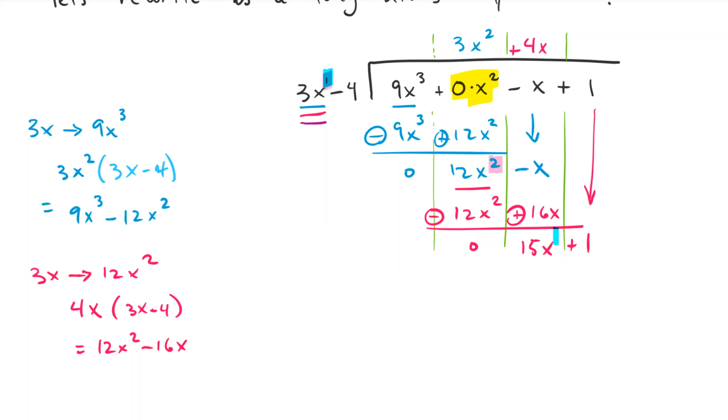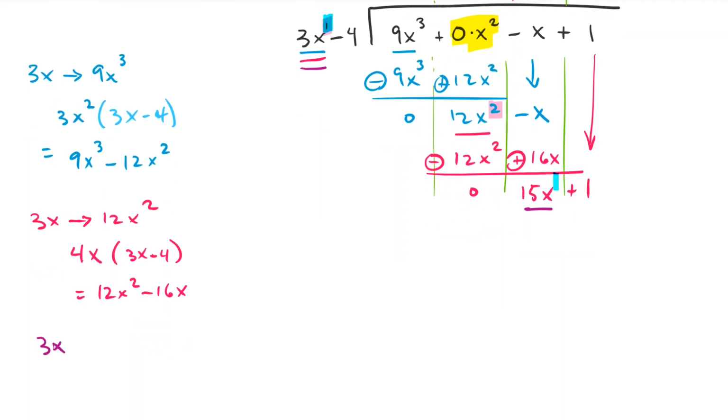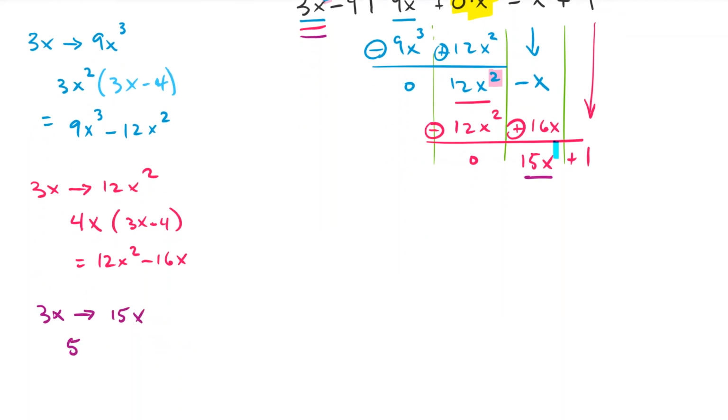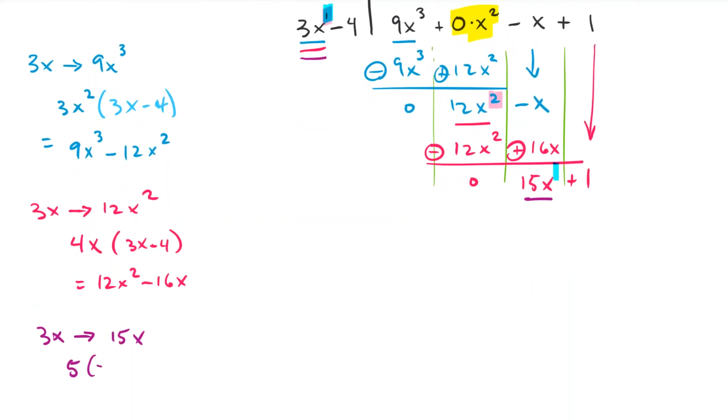So currently now we want our 3x to become 15x. So for our 3x to become 15x, we need to multiply by 5. So we'll put a 5 up here. 5 times 3x minus 4. That's a terrible 3x. Let me do that again.